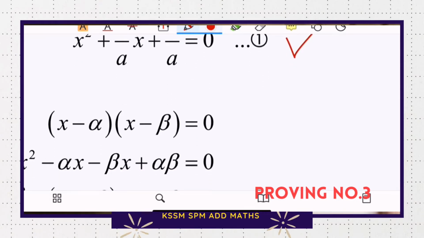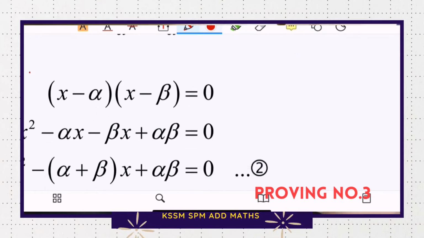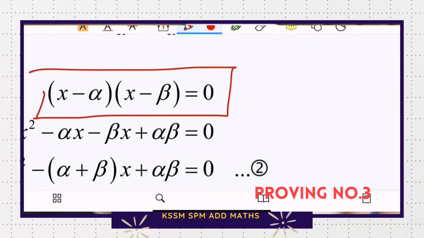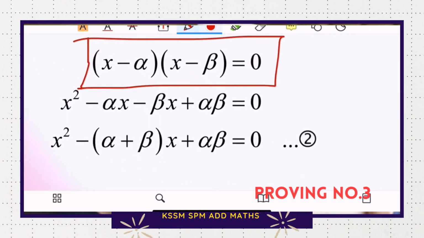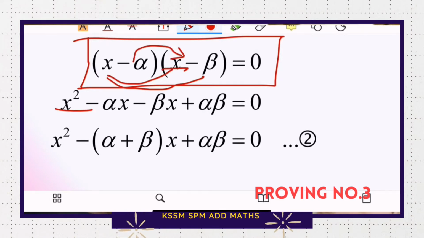And then we will take the roots and put in the factors and we will expand until we will get general form. So x times x, we will get x squared, times negative alpha x, x times negative beta x, and negative alpha times negative beta, you get positive alpha beta.